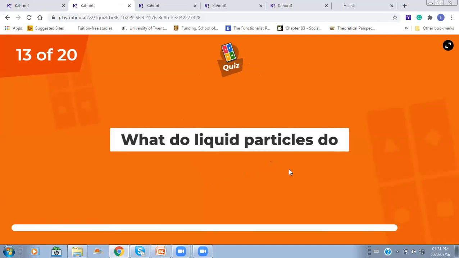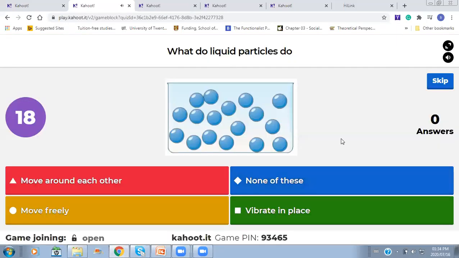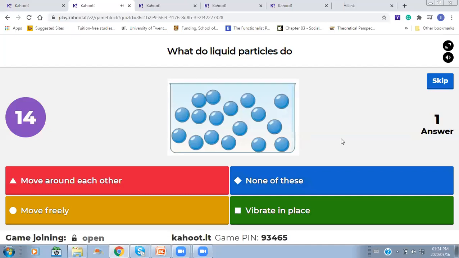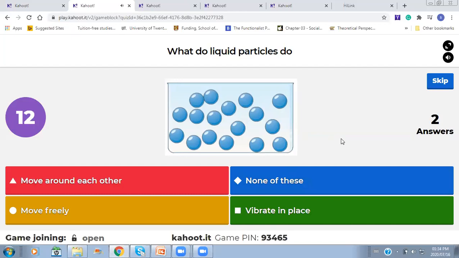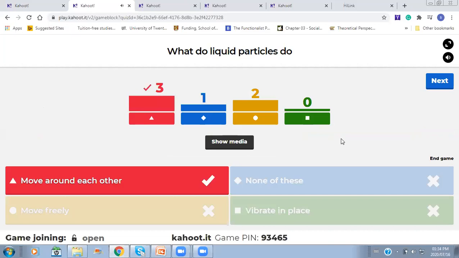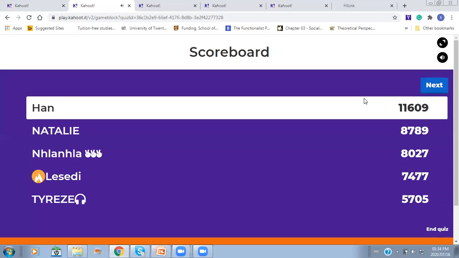What do liquid particles do? What do they do? Okay, perfect. They move around each other. Three people got this. Let's go on.